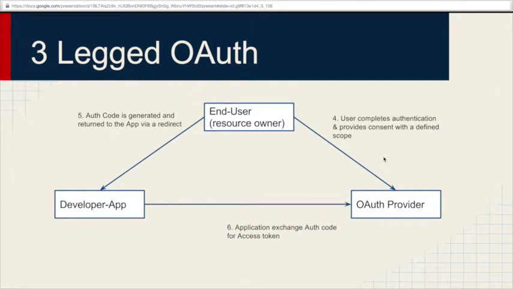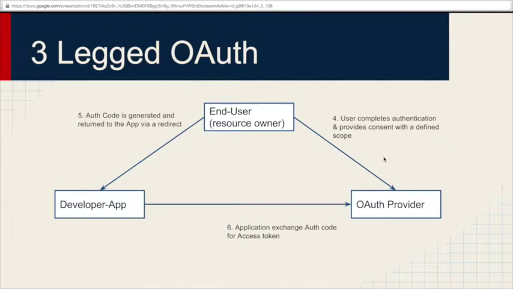So the end user needs to identify and authenticate, and finally provide consent to share their resources with the identified developer app. Once that process is complete, in step number 5, the OAuth provider redirects the end user back to the developer's provided redirect URI.